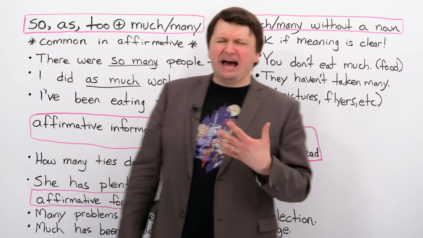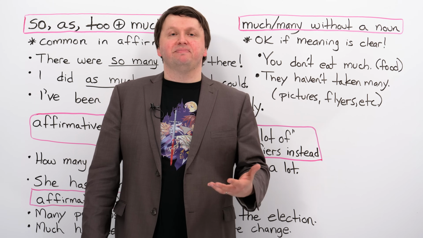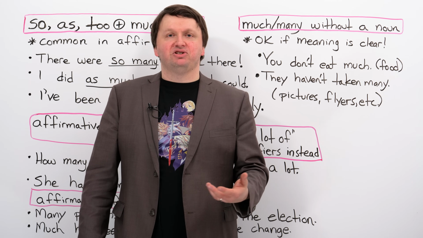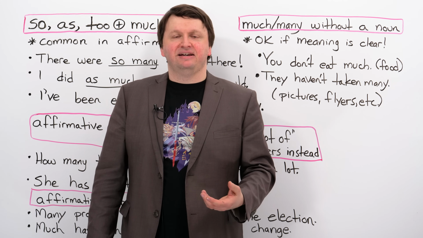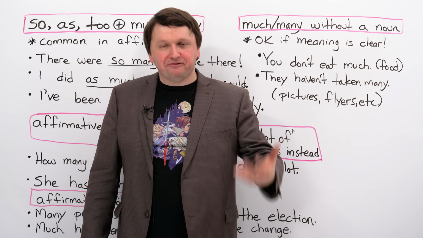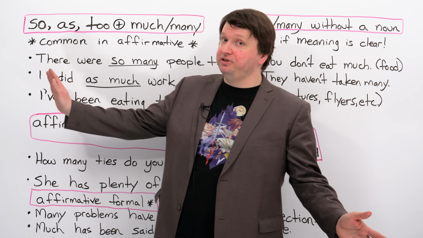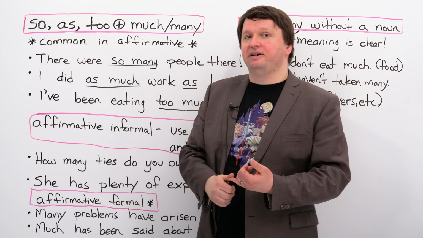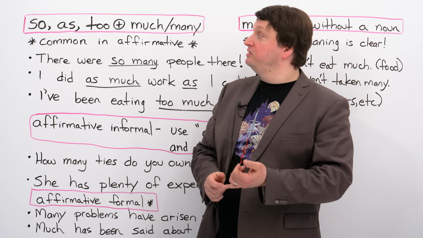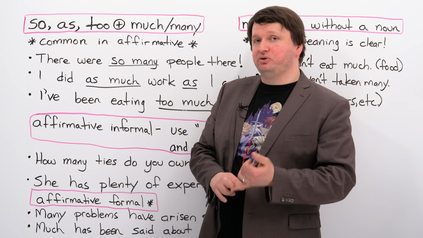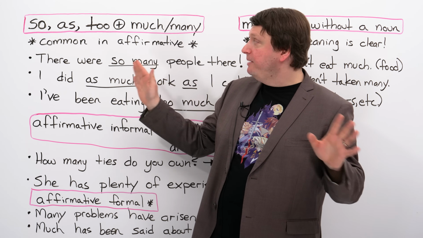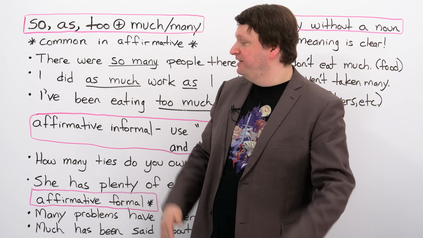Okay, next, affirmative informal. So if you say, I want to use many, I want to use much in affirmative sentences in a casual, informal way, I will say, okay, just make sure you use it before, after so, after as, after to. Totally fine. Common, informal sentences.